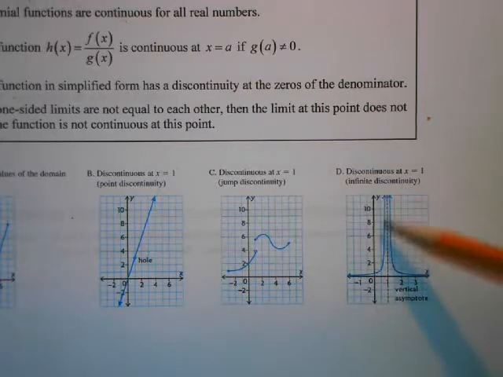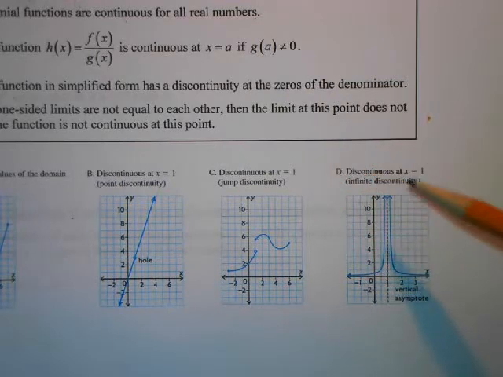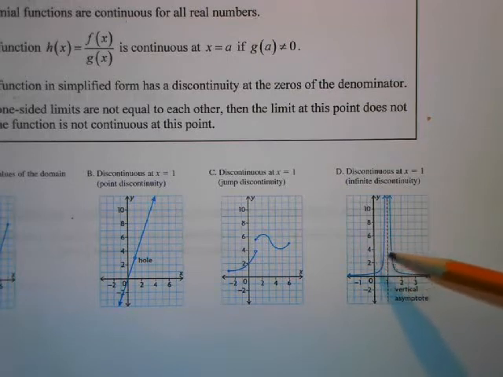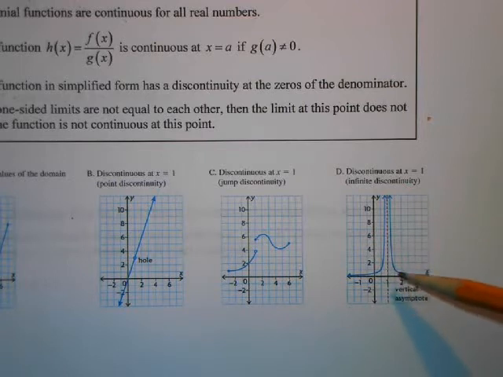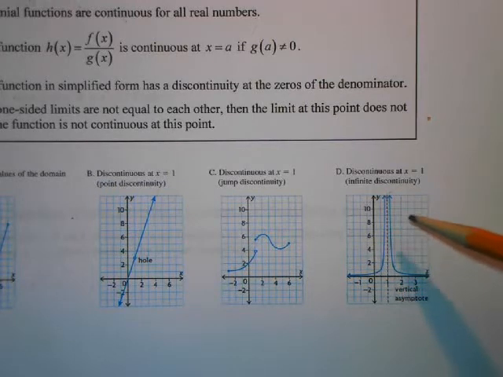Here's where you have your infinite discontinuity. This is basically when you have a vertical asymptote. In this case, the limit actually does exist. If you're taking the limit of f as you're approaching 1 from the negative side and from the positive side, both of those limits are positive infinity.